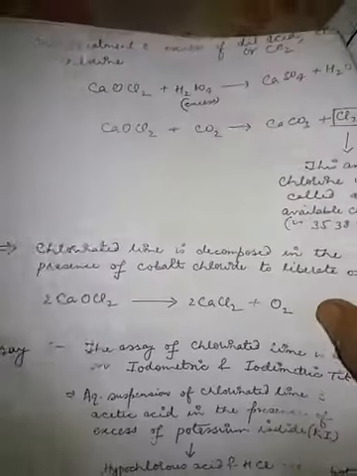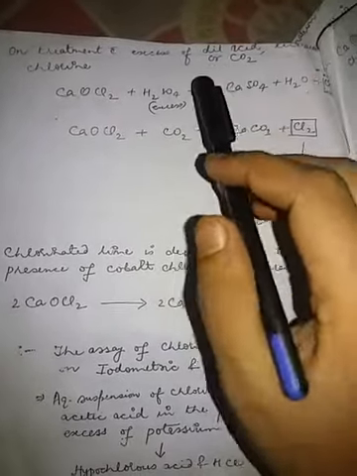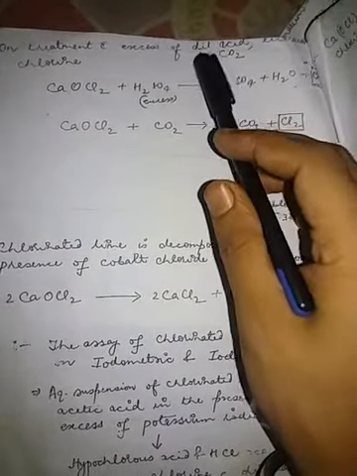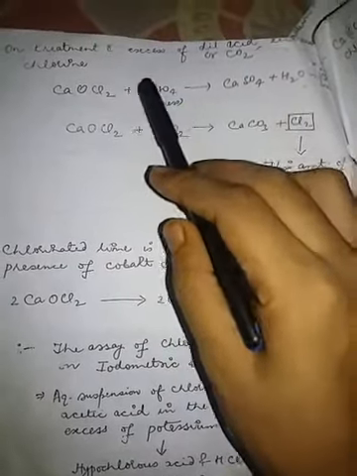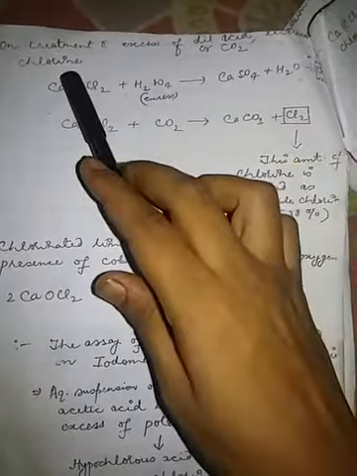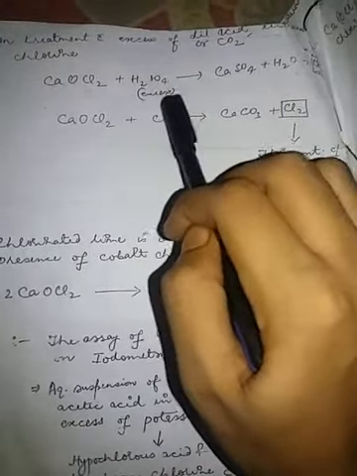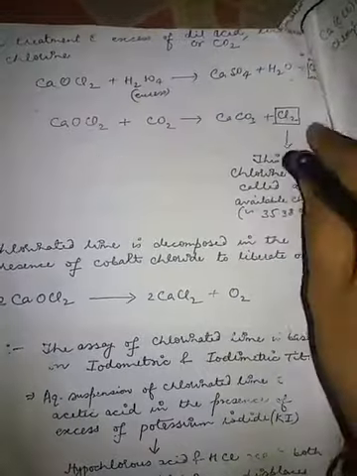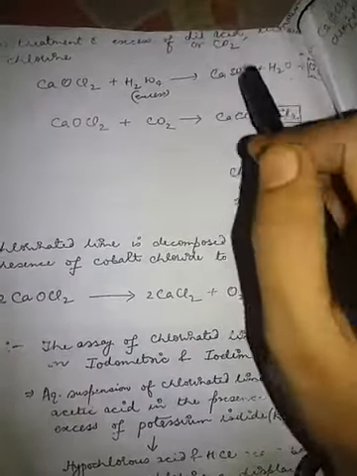Now, if we treat the chlorinated lime with excess of dilute acid, which is sulfuric acid in excess quantity, we get free chlorine, calcium sulfate and water.